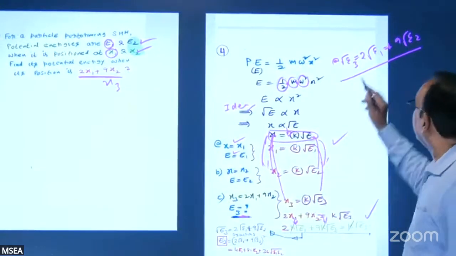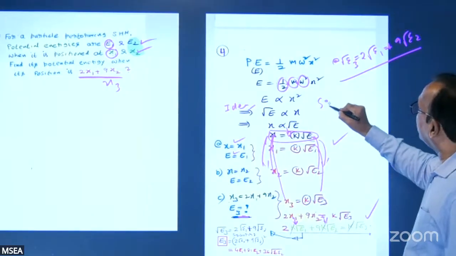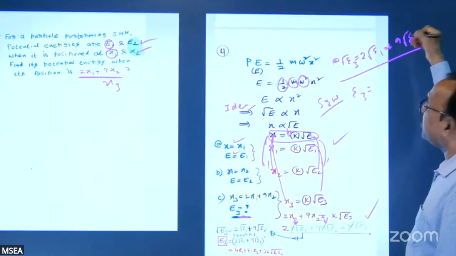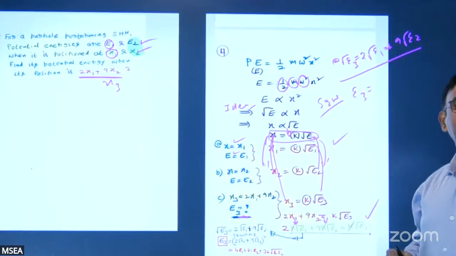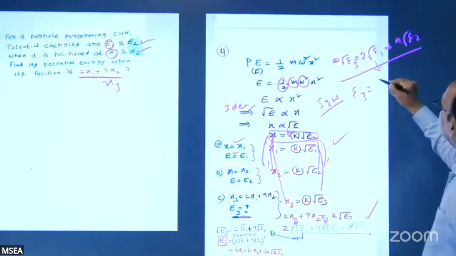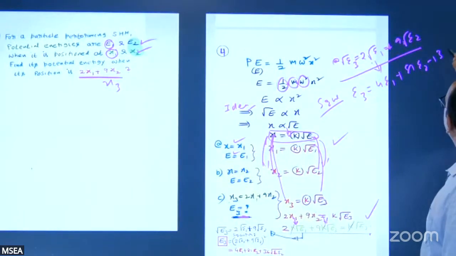Already you know that root E3 is 2 root E1 plus 9 root E2. If you square on either side, E3 comes out to be this complete term whole square, which is a plus b whole square: a square plus b square plus 2ab. So here a square means 4E1, b square means 81E2, and 2ab means 36 root E1 E2.